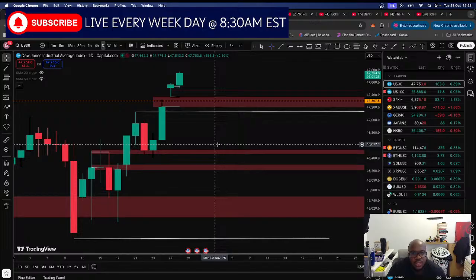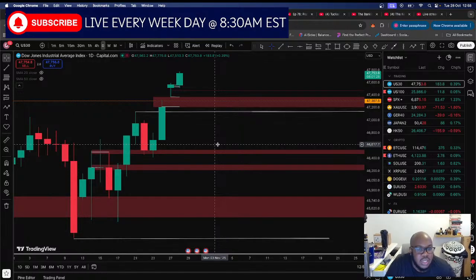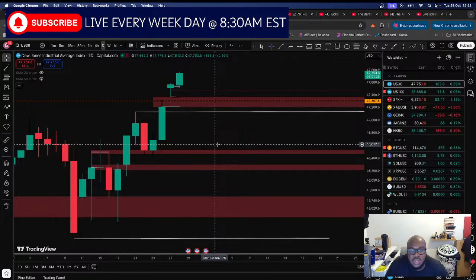The reason we're looking for liquidity at the lows of the market is because in an uptrend you want to look for liquidity at areas where the market is going to present a low.